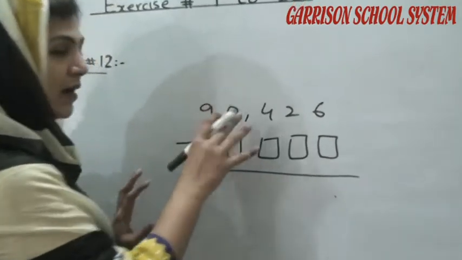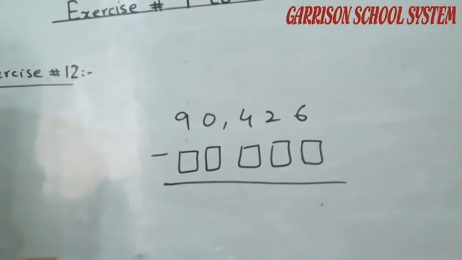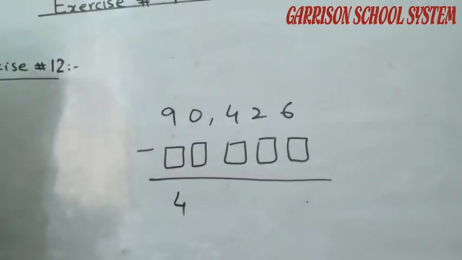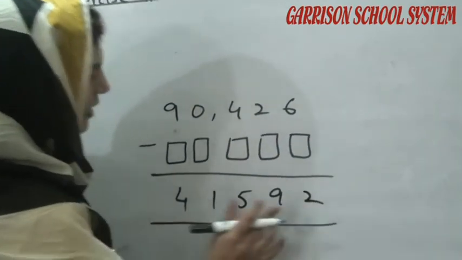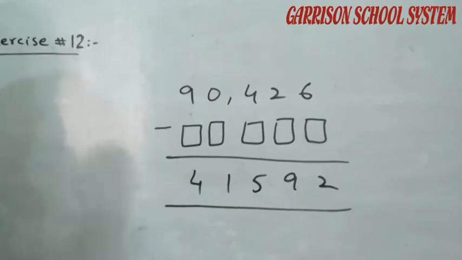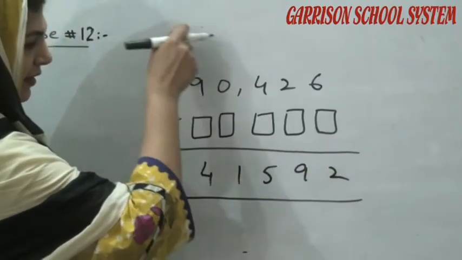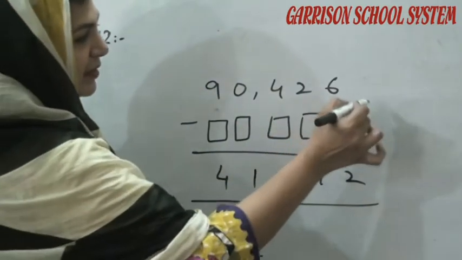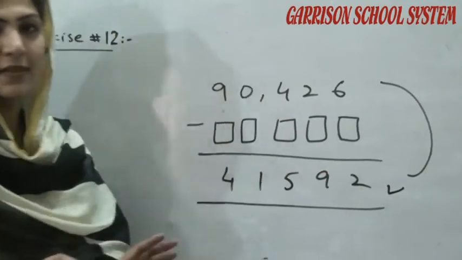I subtract a number and got the result 41,592. In this case, as I have already told you, you just subtract this amount from this amount, so you will get the answer.